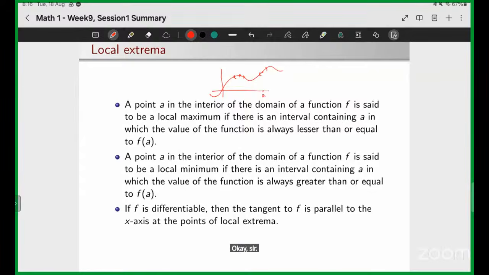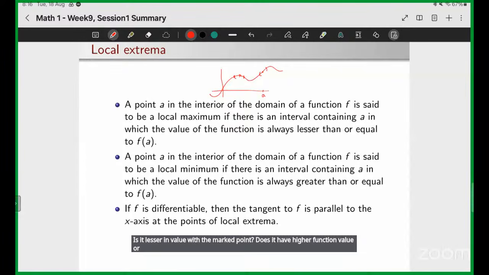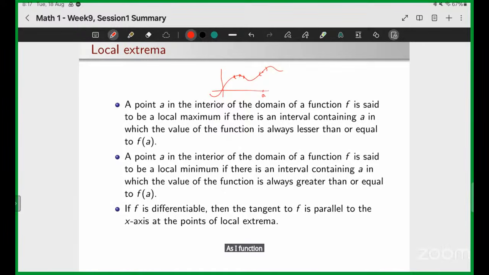Is it lesser in value? Does the marked point have a higher function value or lower function value than nearby points? That's a higher function value. Yeah, so it has a higher function value. So this is what is called a local maximum.